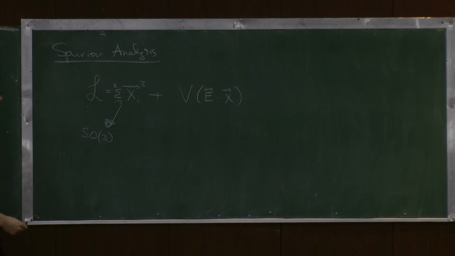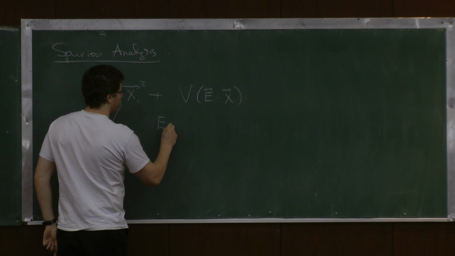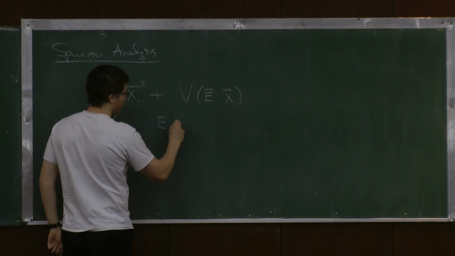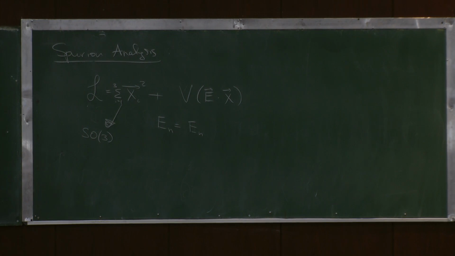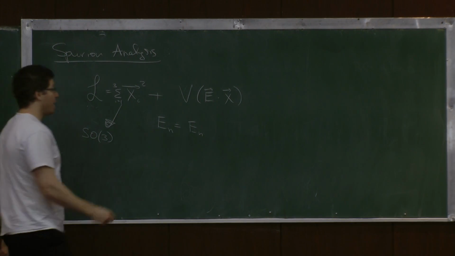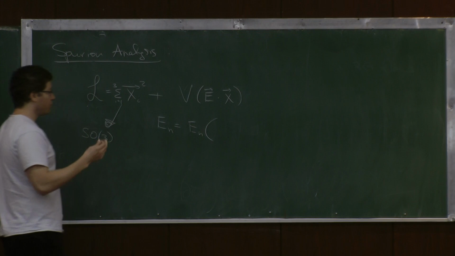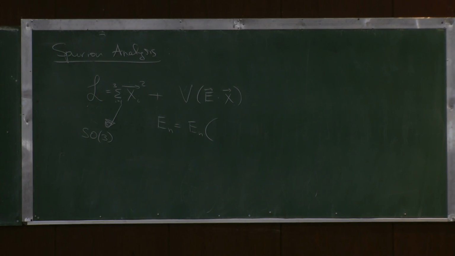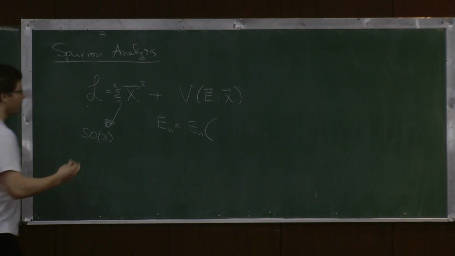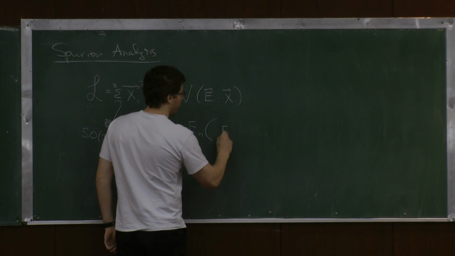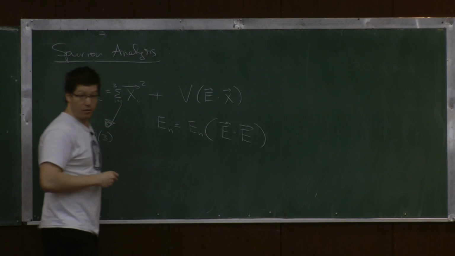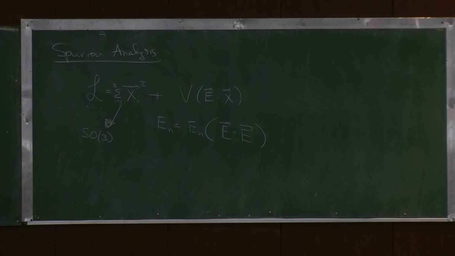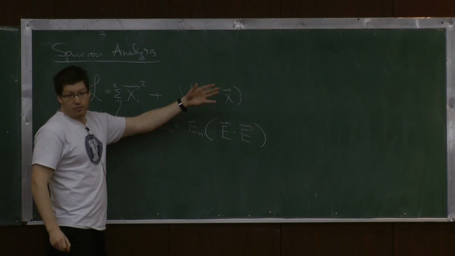And why is it useful? For instance, suppose you wanted to compute the energy spectrum of the system. Suppose you managed to solve this model and you've computed the energy spectrum. My claim is that even though there is no SO3 symmetry, you can use it to say something about the energy spectrum. The thing you can say is that it's going to be a function of E dot E, for instance. That's quite intuitive. I guess all of you understand that. So how do you do it formally?